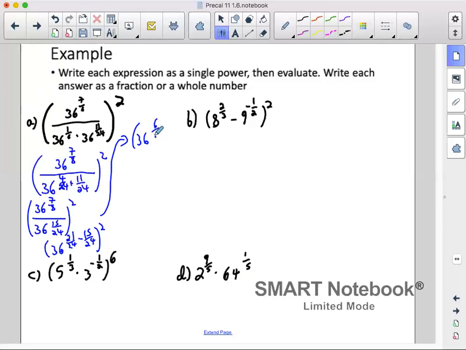So 6 over 24 squared. We can simplify this. Both are divisible by 6. So that gives us 36 to 1/4 squared. So that's the same as 36 to 1 over 4 times 2. So that's 36 to the 1/2. So that's 6.